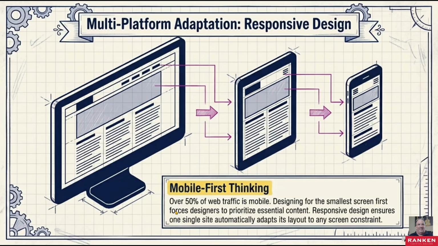And there are things you can eliminate completely from being displayed on a mobile device, even though they're still in your code base. There are tools and resources to do that. Responsive design ensures one single site automatically adapts its layout to any screen constraint.